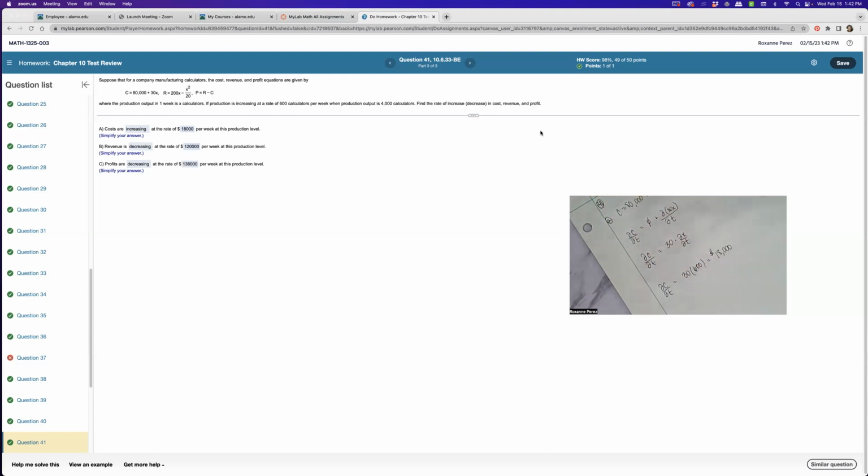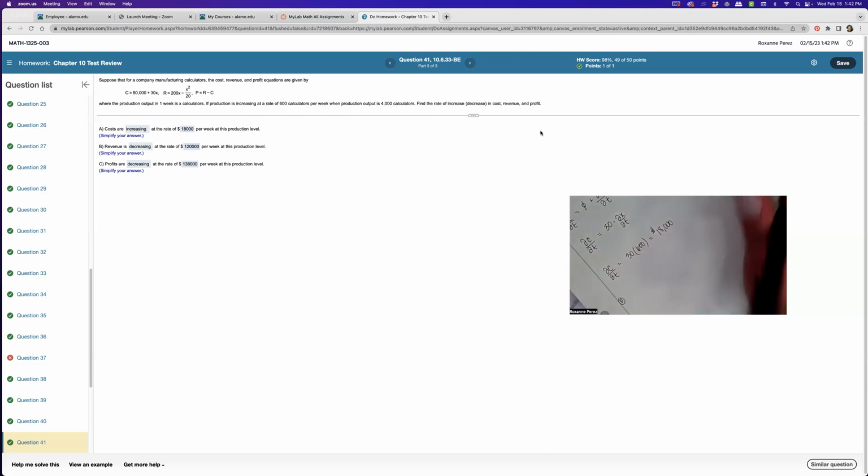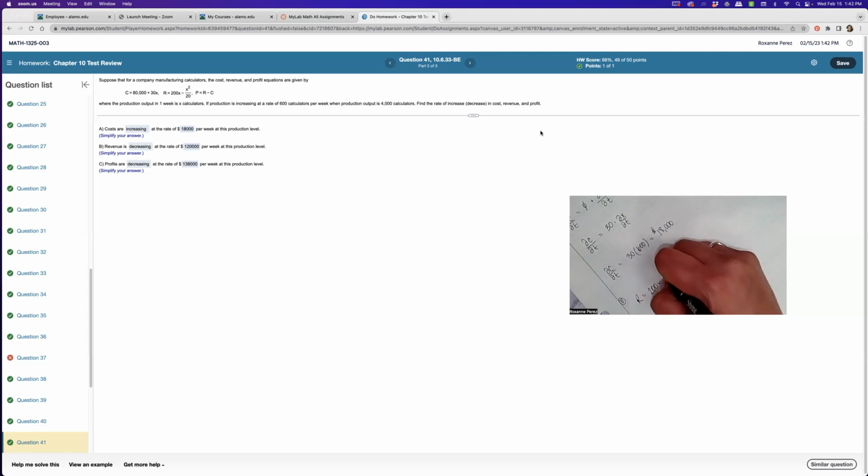Okay, so then part B is asking us to do the same thing with respect to revenue. Okay, so our revenue is 200x minus x squared divided by 20.